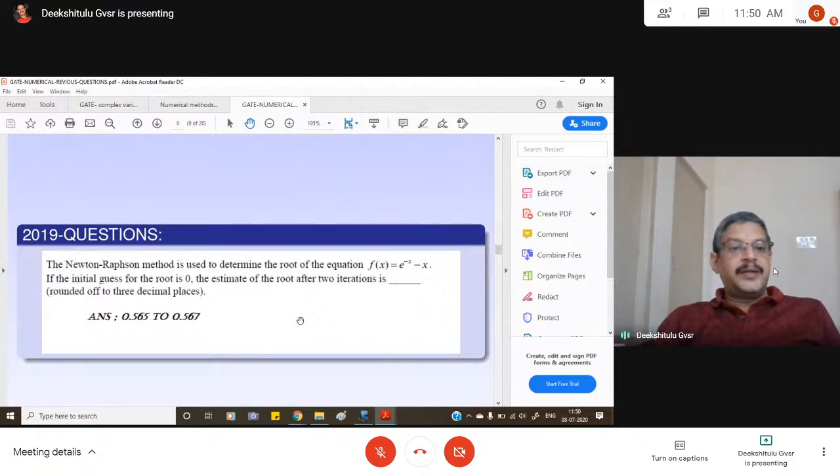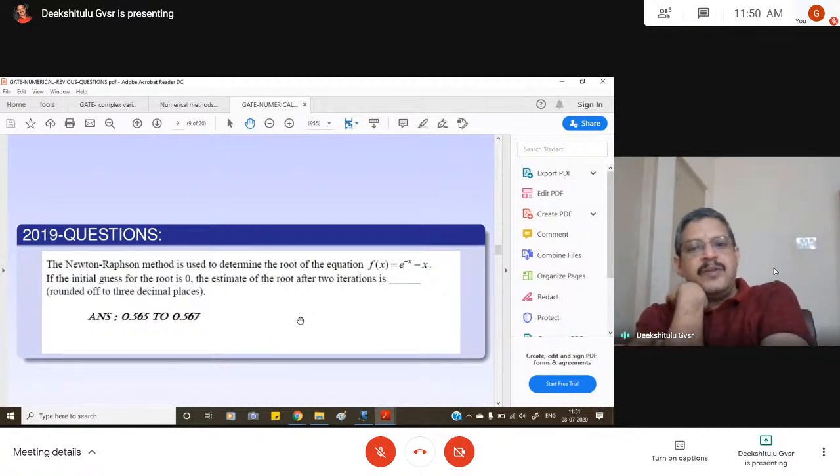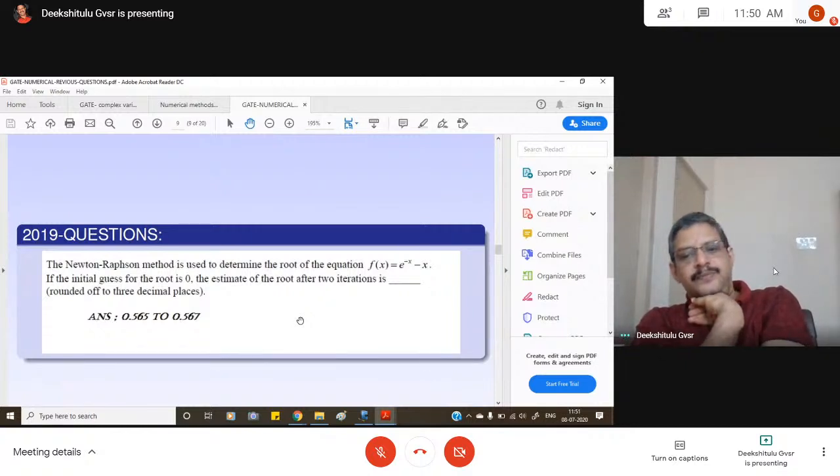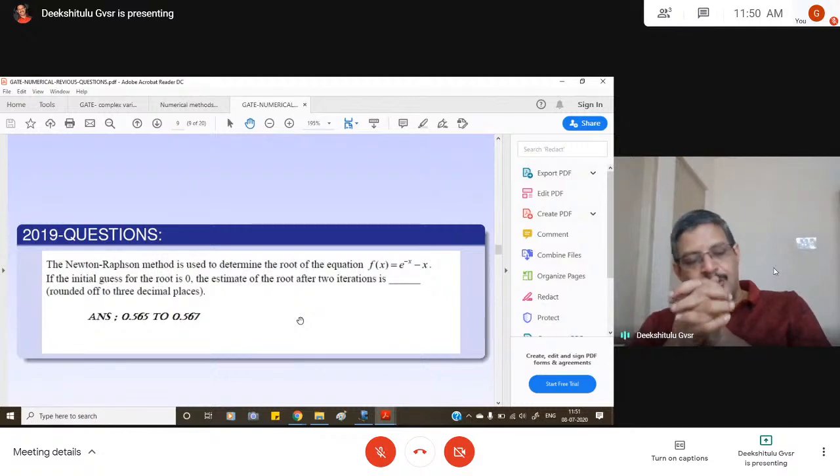Next, GATE 2019: Newton-Raphson is used to determine the root of the equation f(x) equal to e power minus x minus x. The initial guess of the root is 0. What is the estimate of the root after 2 iterations? Once again I am telling you, the problems we are doing in this 2 hours class are very lengthy.